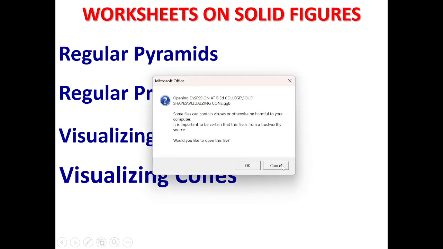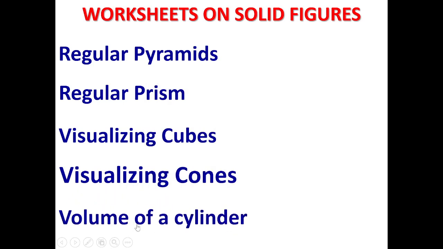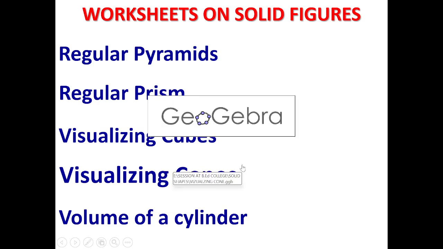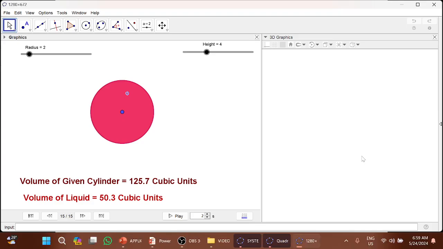Then you can make use of GeoGebra and show them the volume of a cylinder. What is the meaning of the volume of a cylinder? I have taken only the cylinder. Similarly, you can show the volume of a cube, a cuboid, a cone, and a sphere also. But for example, I have taken only the volume of a cylinder.